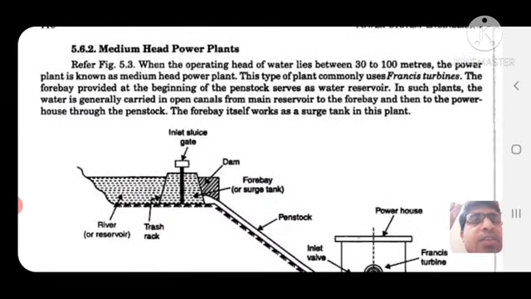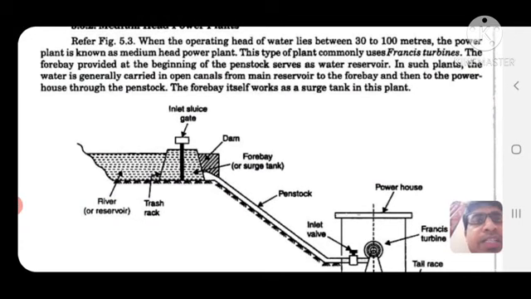Medium head power plants. When the operating head of water lies between 30 to 100 meters, the power plant is known as a medium head power plant. This type of plant commonly uses a Francis turbine. The forebay provided at the beginning of the penstock serves as a water reservoir.